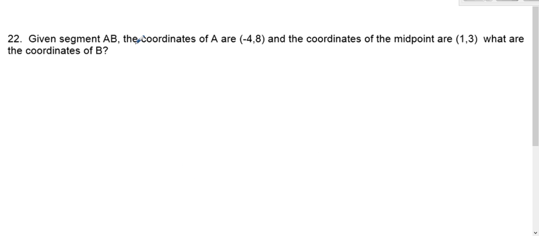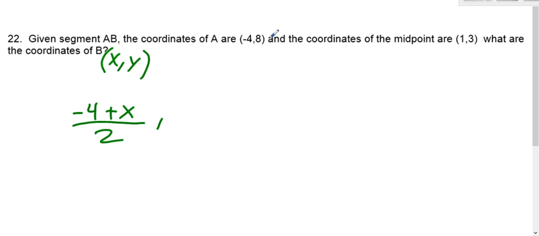Given segment AB, the coordinates of A are negative 4, 8, and the coordinates of the midpoint are 1, 3. What are the coordinates of B? So, coordinates of B, we're going to call it x, y. And then we'll use the midpoint formula, which says we add the x's, negative 4 plus x, and divide by 2. Then we add the y's, 8 plus y, divide by 2.